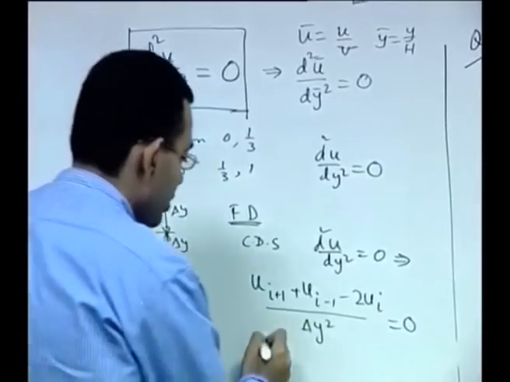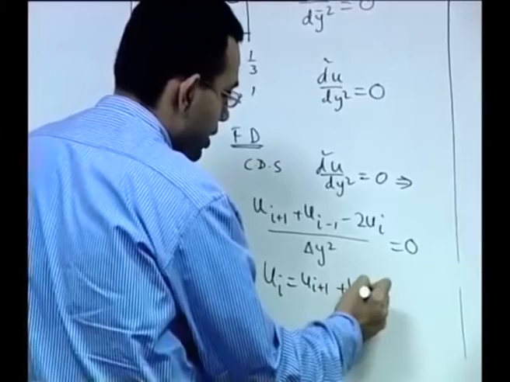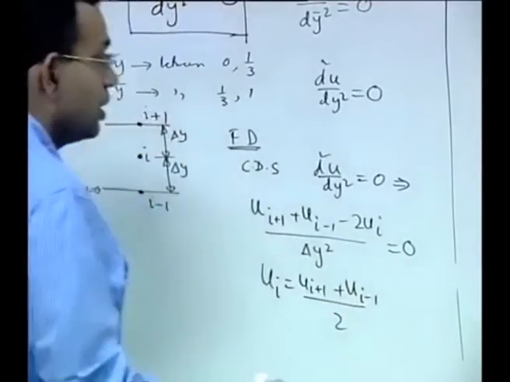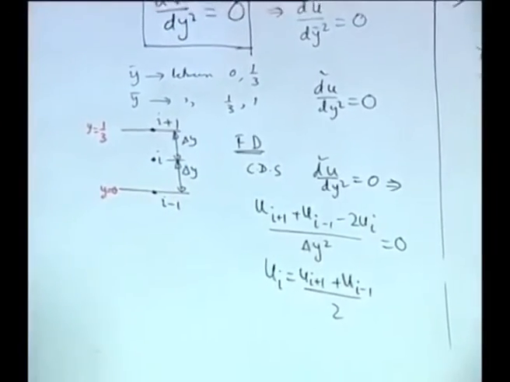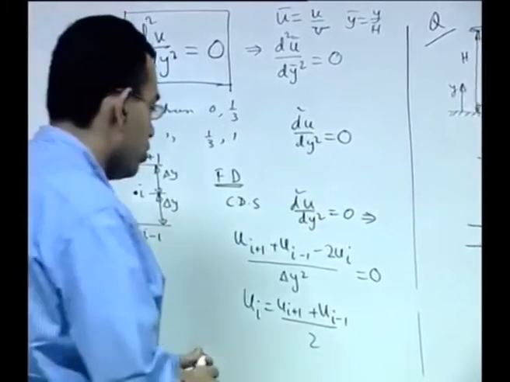So, u I is u I plus 1 plus u I minus 1 by 2. u I minus 1 and u I plus 1 both are given by the boundary condition. What is u I minus 1?